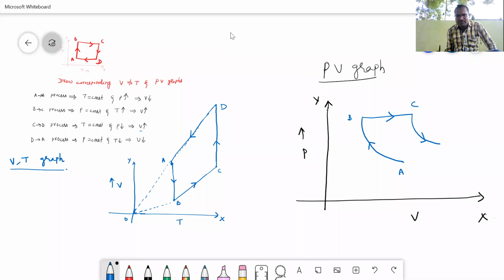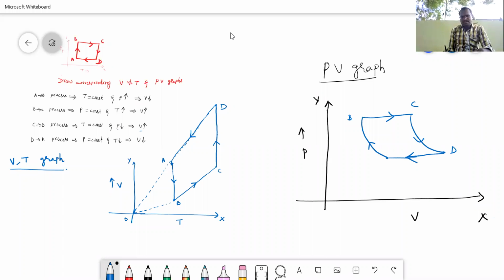Okay, we came to point D. Now, the D2A process. Again, pressure constant, temperature decreases. Pressure constant means it should go like this. I'll draw this one somewhat big. Yes, like this. This is D. Now the D2A process.